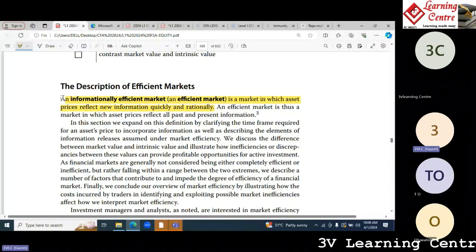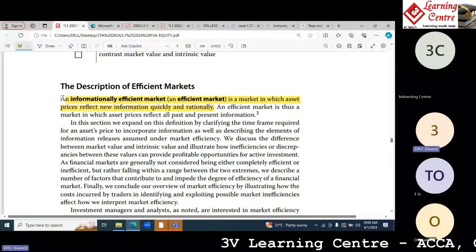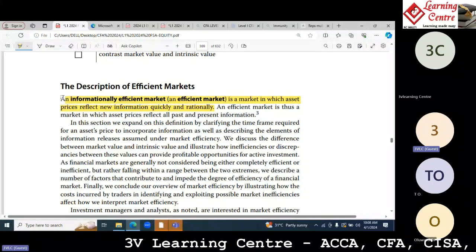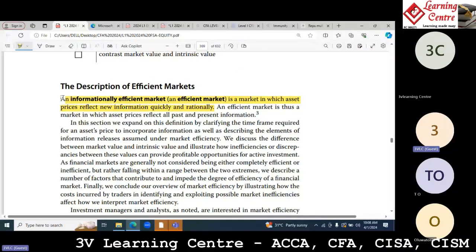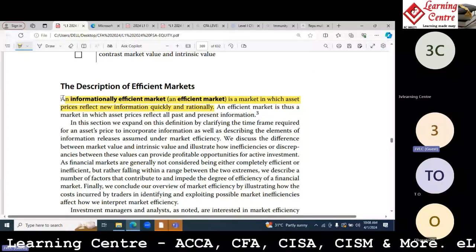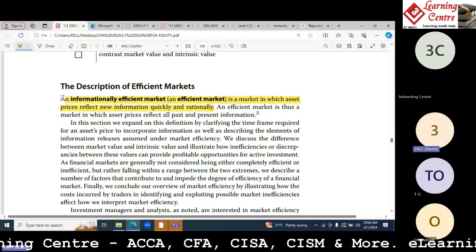Now, the moment I have information, either positively or negatively, meaning that it positively impacts the investment or negatively impacts the investment, my ability to make use of that information is what we mean by quickly.